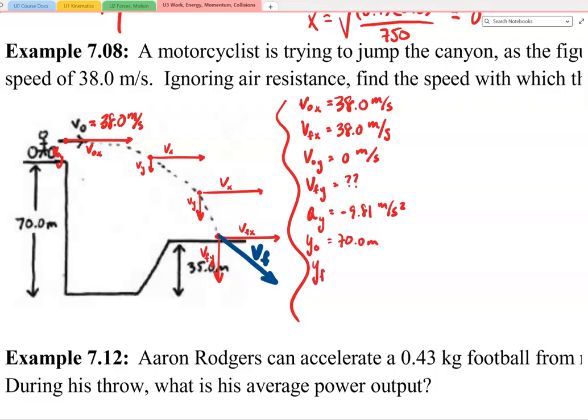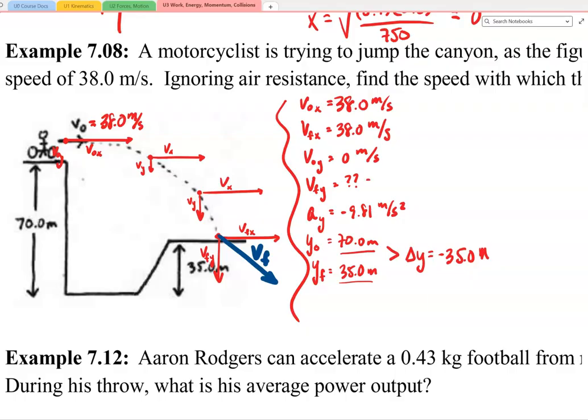And our y final position is 35 meters above some measured point. So these two together tell me that delta y is equal to negative 35.0 meters. We know that because we should take our final quantity and subtract our initial quantity. That produces negative 35 meters.